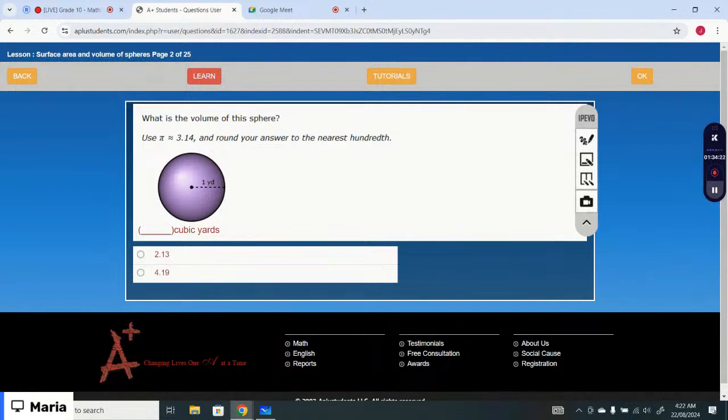So we have to use the formula that is 4 pi r square, right? So just put the values and do the calculations. So which is the correct option?